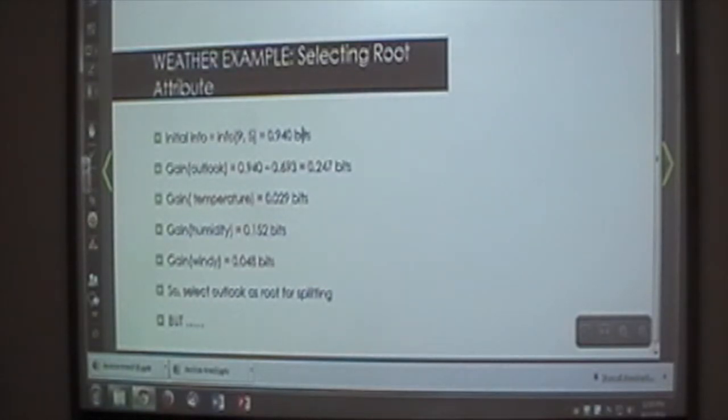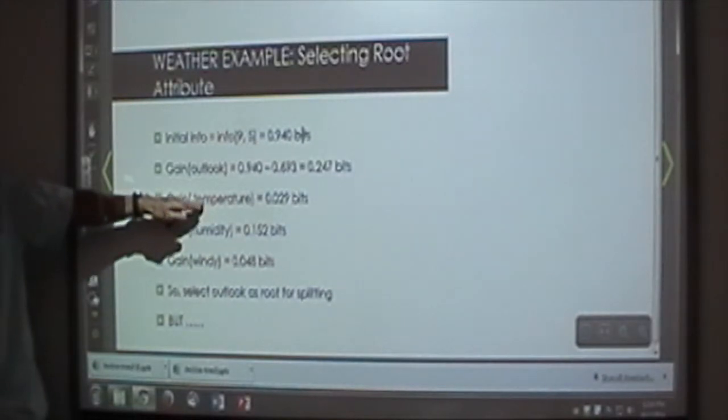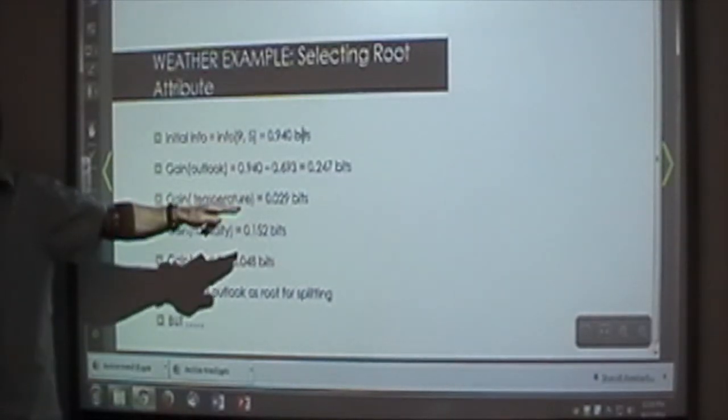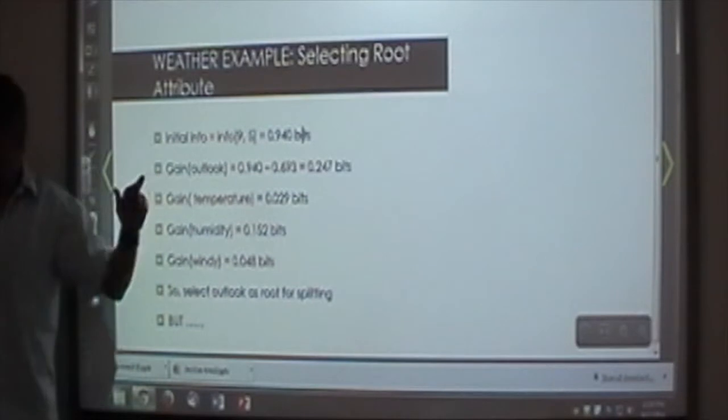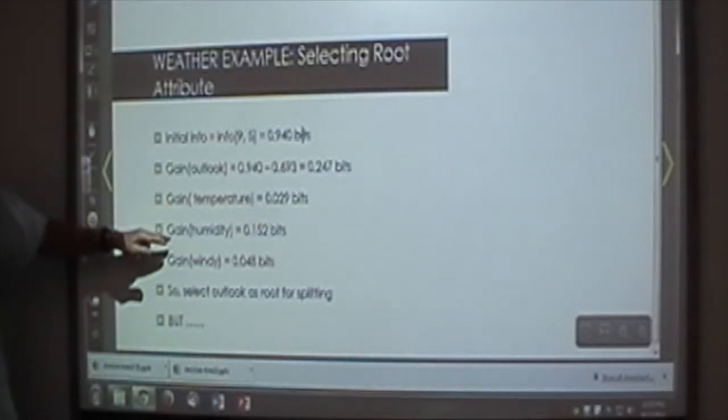If you do similar calculations with the other 3 possible attributes for your root node, you would get a gain using temperature as your root node of only 0.029 bits.